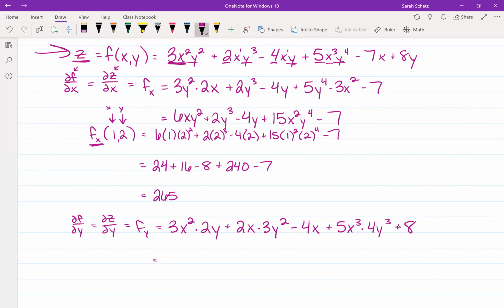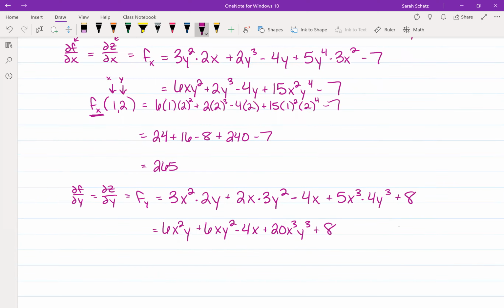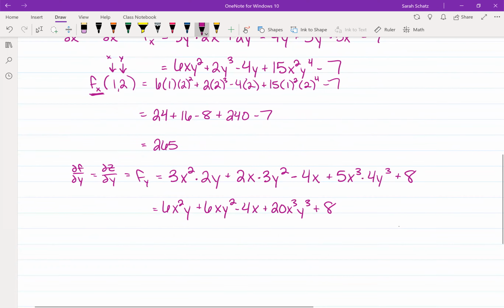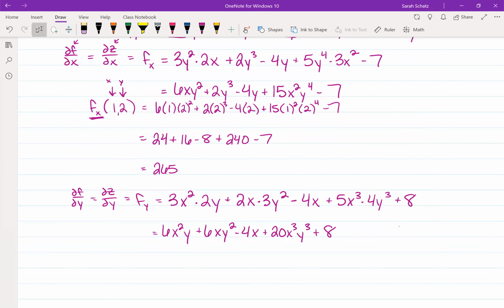So let's clean this up. We'll get 6x squared y plus 6xy squared minus 4x plus 20x cubed y cubed plus 8. So I'm not going to have us evaluate fy at a point, but you know it would be the same as we did up here if we needed to.